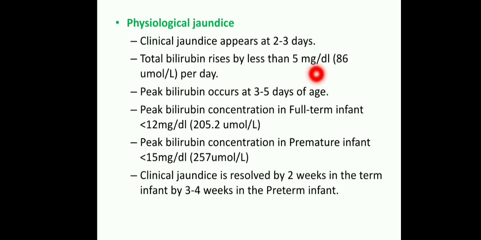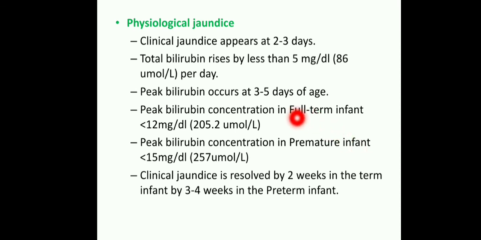It is increasing each day. Peak bilirubin occurs at 3 to 5 days of age. The peak bilirubin concentration in full term infants is less than 12 milligrams per dL, and in preterms it is less than 15 milligrams.